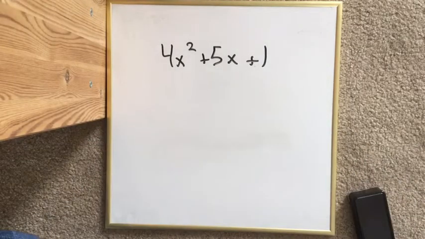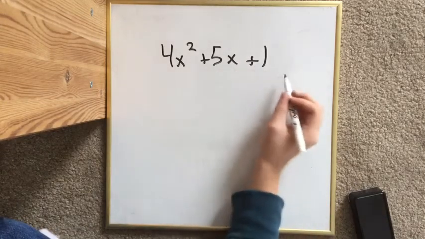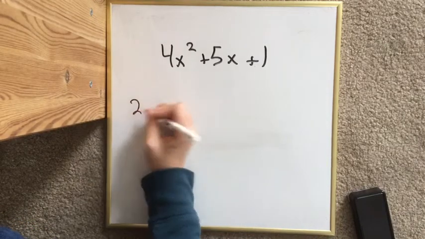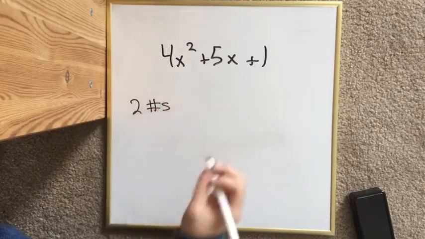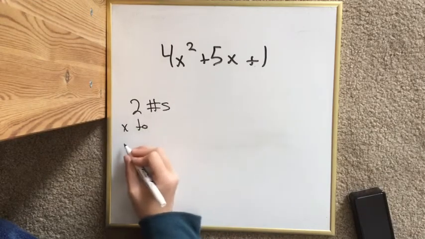So we're still going to have to find two numbers, but they are not going to be 1 and 5, because the 4 changes everything. They're going to multiply and add.